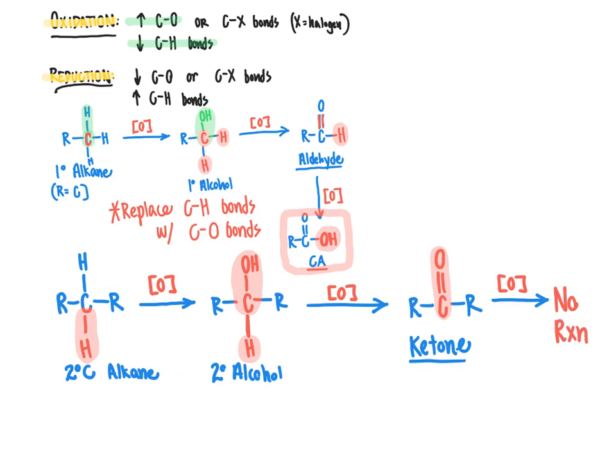Unlike the situation where we took a primary alcohol and oxidized it to an aldehyde, where we still had a carbon-hydrogen bond left and so were able to further oxidize and replace that carbon-hydrogen bond with a carbon-hydroxy group bond to give a carboxylic acid, in the case of our secondary alcohol we end up with a ketone rather than an aldehyde, and that ketone can't be further oxidized because there are no more carbon-hydrogen bonds available at the carbonyl carbon. So we're stuck there.